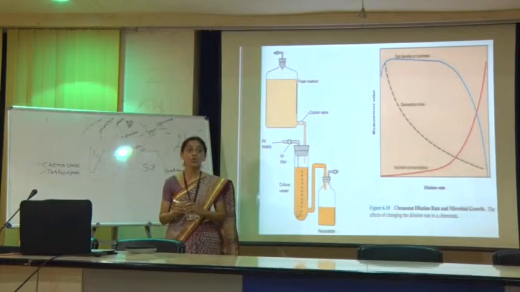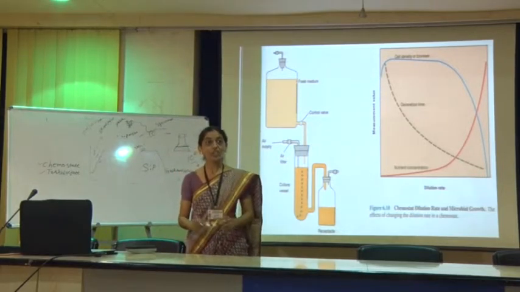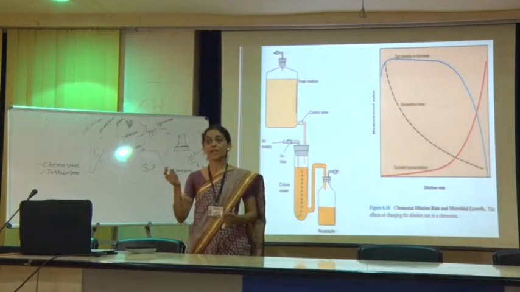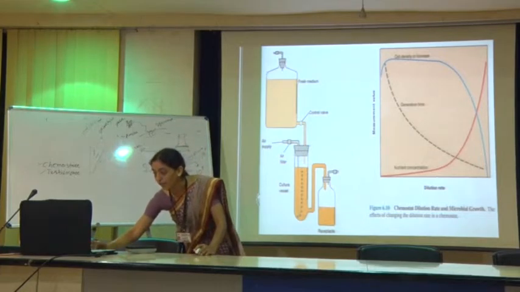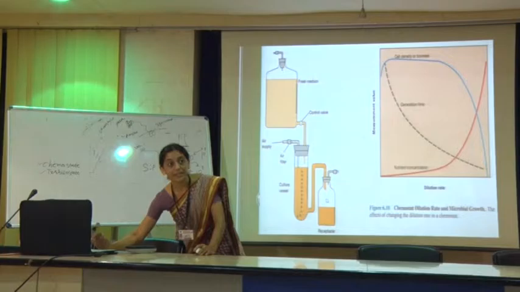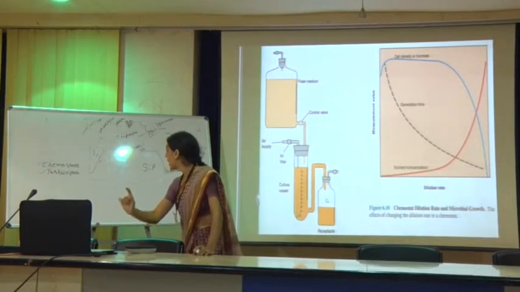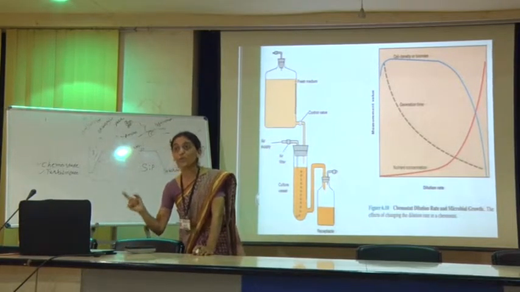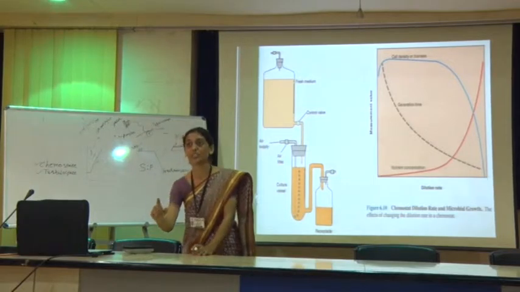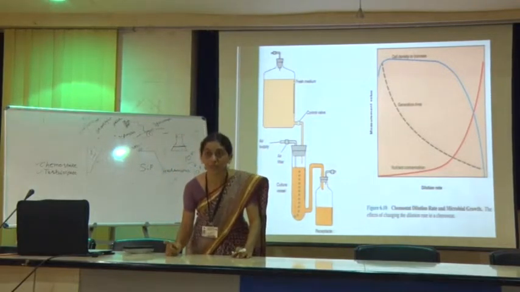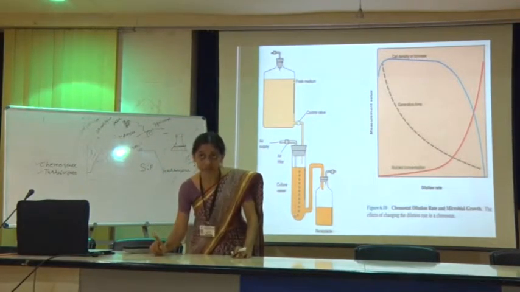So what I need to do is add nutrient in such a way that the flow rate of this tube is 10 ml per minute with the enzyme having a potency of 500 units.